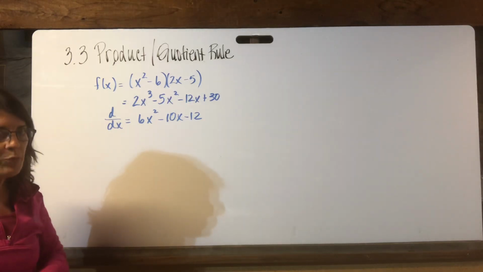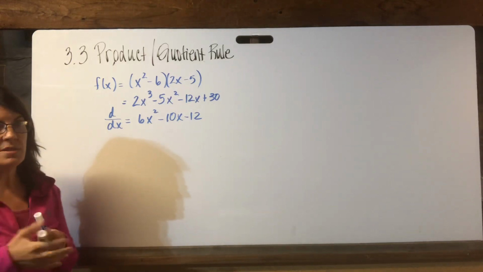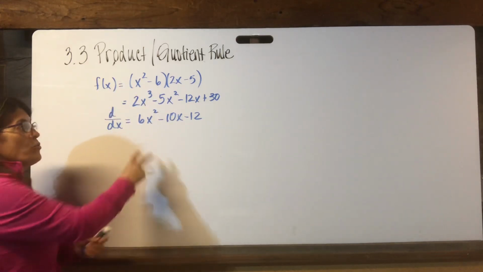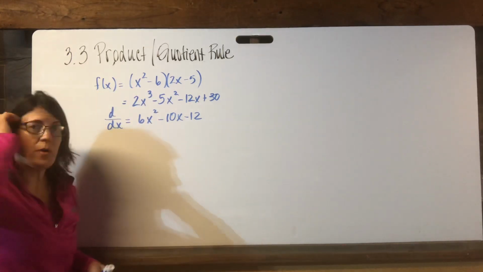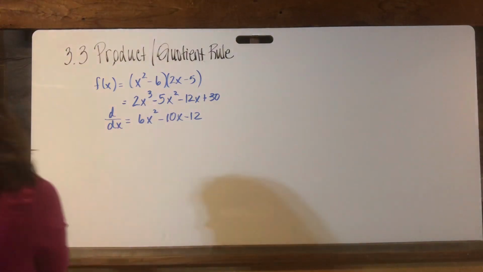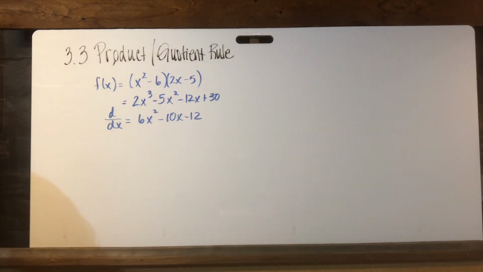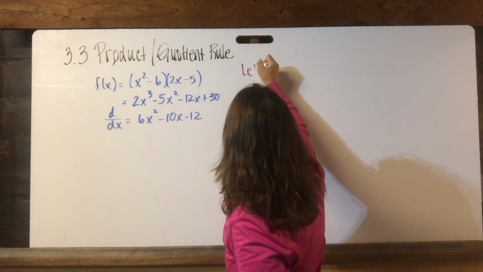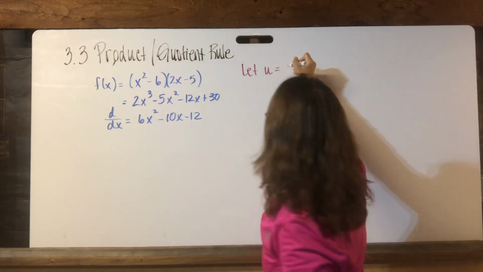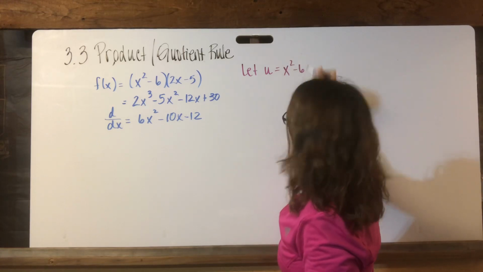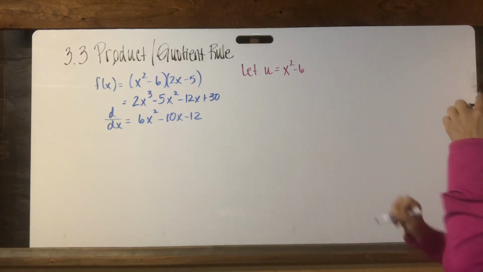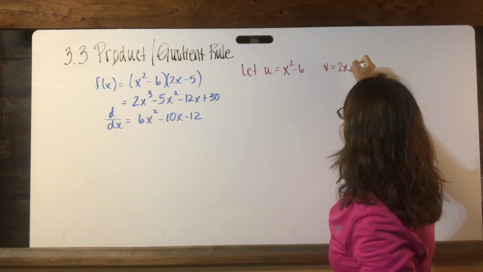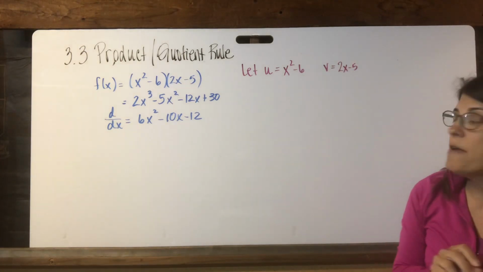Why would you want to use the product rule? Because sometimes the product rule is easier. So I'm going to do the same problem using the product rule, and we should get 6x squared minus 10x minus 12. Okay, so I'm going to say let u equal x squared minus 6, and let v equal 2x minus 5.